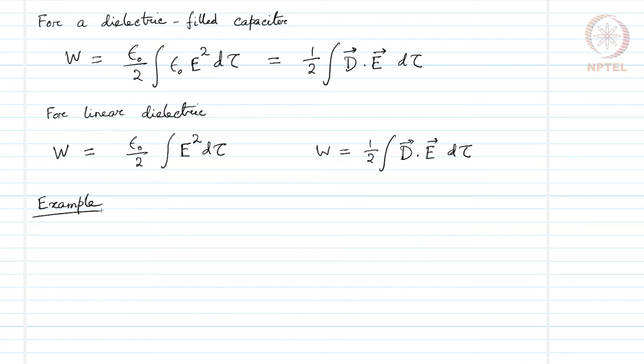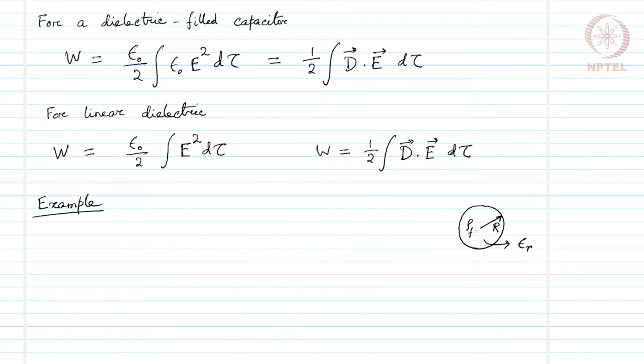We have a sphere of radius capital R filled with a dielectric material of dielectric constant epsilon r. We have this sphere, the radius is capital R and it is filled with a material of relative permittivity epsilon r and it is uniformly embedded with free charge density rho f.